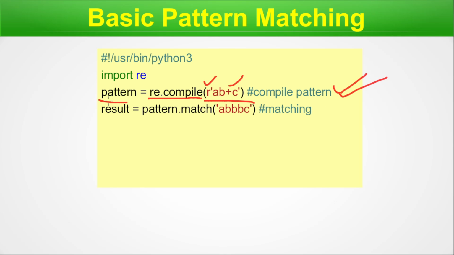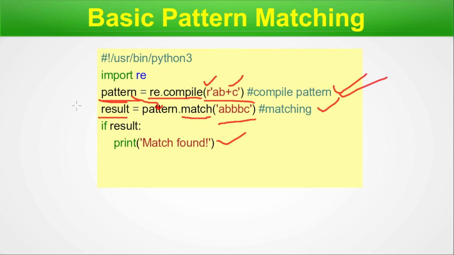Next, we have done the compilation here. Now we have to use this pattern to match, right? Then we are using the pattern and the method match, and we are giving the argument abbbc, right? That's the matching. So we will now check the result. If result is true, then print match found. That means this will be either 1 or 0 as the matching result. 1 is true, then it will go to the if and go to this particular segment of code.